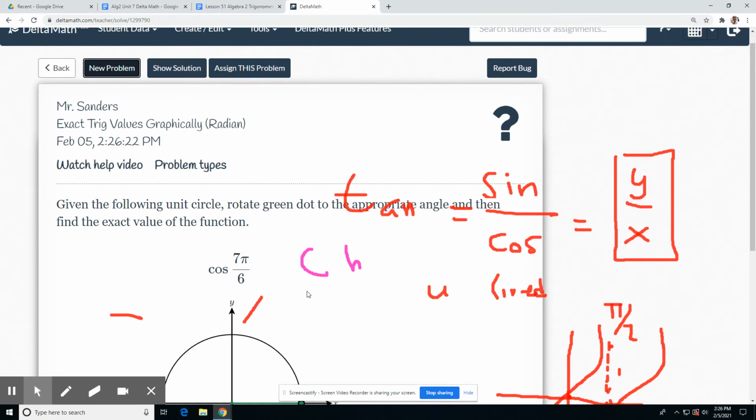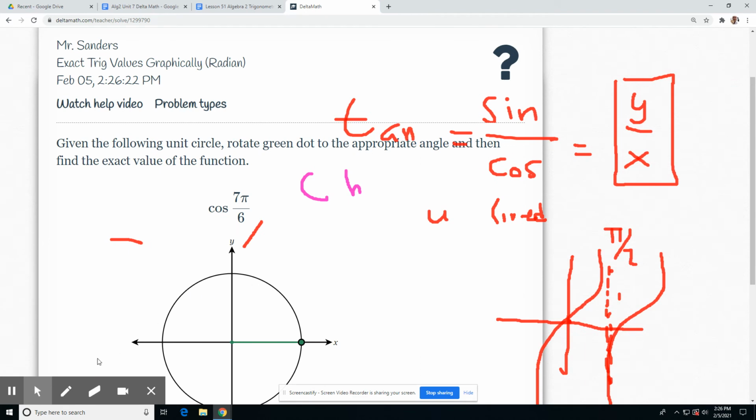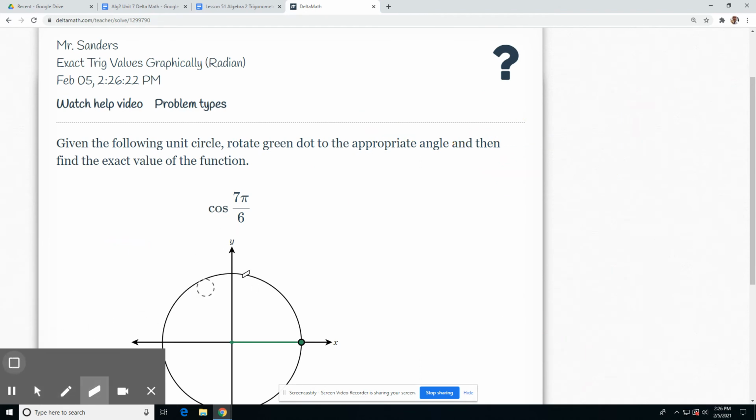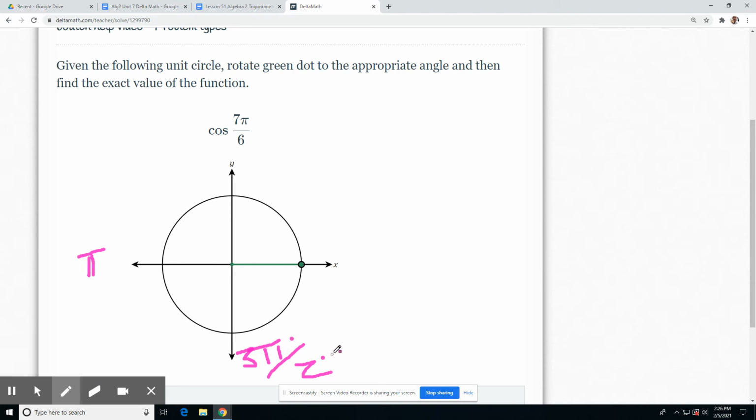Next one, 7 pi over 6. Okay, let's see, how would I do this one? Cosine, well, we need that reference angle again. So this is pi, and this is 3 pi over 2. So I would multiply top and bottom by 6 on pi, so this is equal to 6 pi over 6.